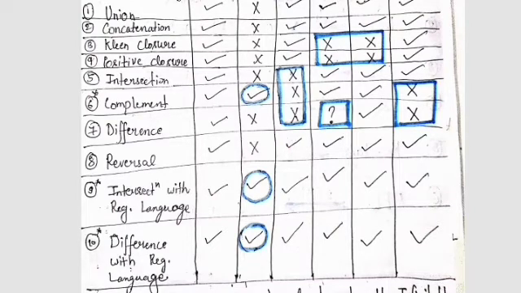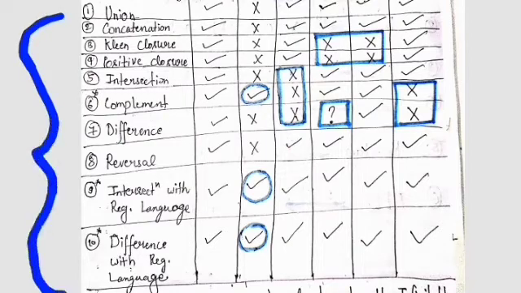Here the first language is regular language, and regular languages are closed under all types of closure properties like union, concatenation, Kleene closure, positive closure, intersection, complement, difference, reversal, intersection with regular language, difference with regular language.